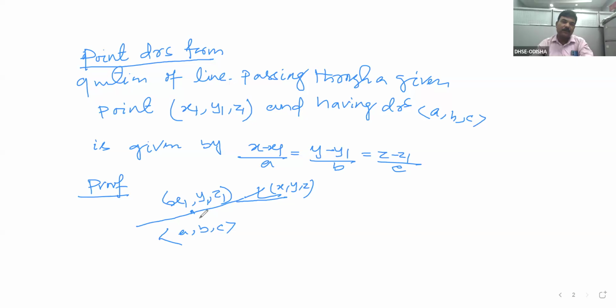Let the point x1, y1, z1 be P and the point x, y, z be Q. So DRS of PQ are x minus x1, y minus y1, z minus z1.